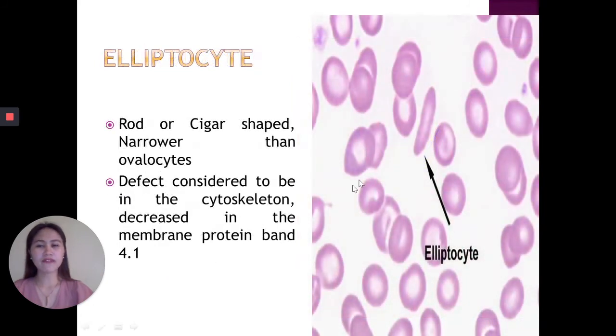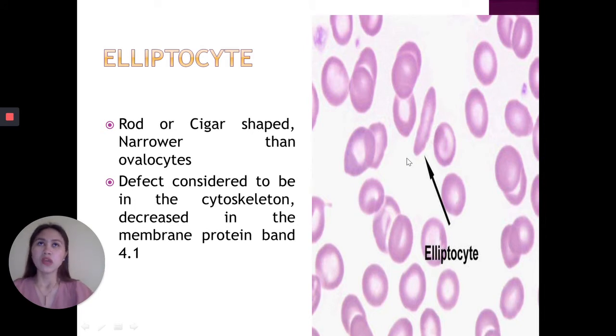Next, we have our elliptocyte. It is a rod-like shape or even a cigar shape, narrower than ovalocyte. Although you can see that it's like an oval, it is narrower compared to the ovalocyte. The defect here is considered to be in the cytoskeleton, a decrease in the membrane protein band 4.1.